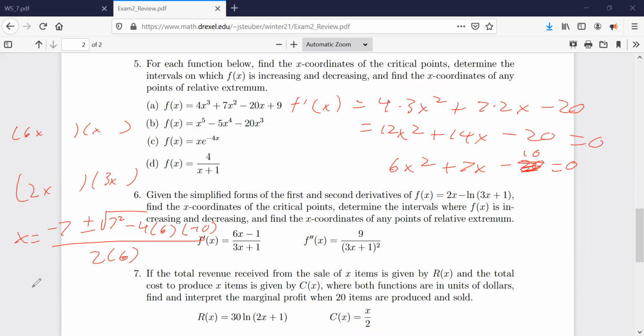So this is going to be equal to negative 7 plus or minus the square root of 49 plus 240, all over 12. And I guess that does not have a nice clean answer, does it?